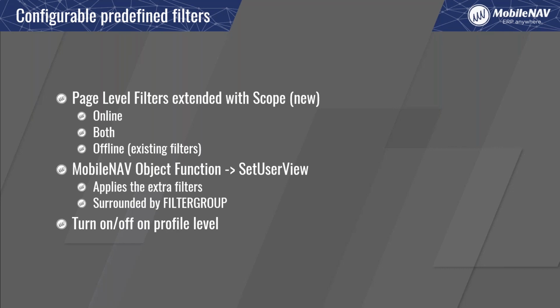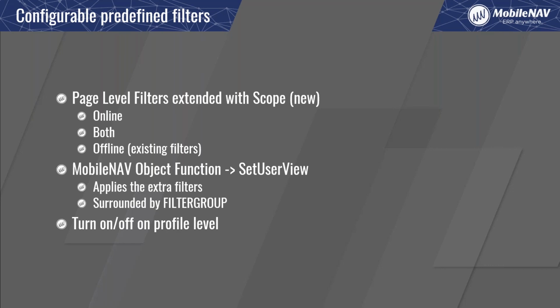So for example, if you have a my service task with the active items in the offline mode, the user has finished the service task, now its state is not in progress or initial anymore, but finished, and you wanted to hide those from the user because he has processed them. With page level filters, you could already create an offline filter, which was always enforced by the MobileNAV client in the offline mode as well. And now we have extended that feature and defined a scope for the page level filter.